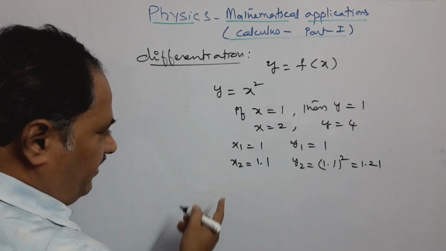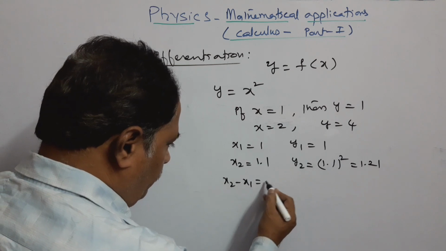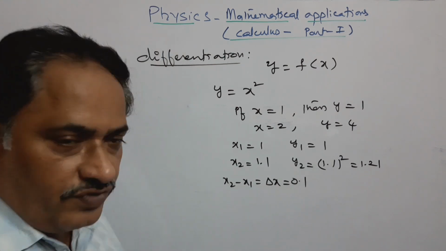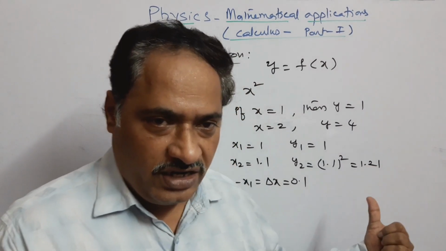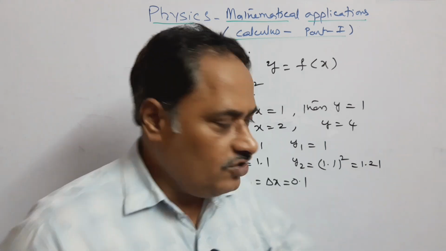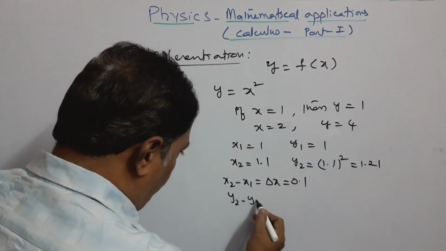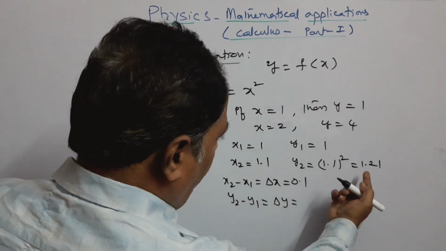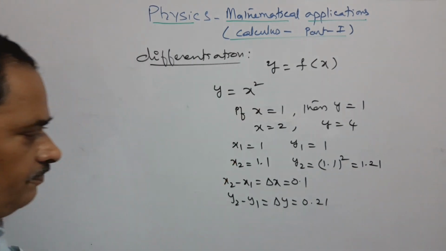Now what is the difference in the value of x that we consider? x2 minus x1, delta x, is equal to 0.1. A small change in the value of x, 0.1, can cause changes in the value of y. That means y2 minus y1 equals delta y, which is nothing but 1.21 minus 1, 0.21.